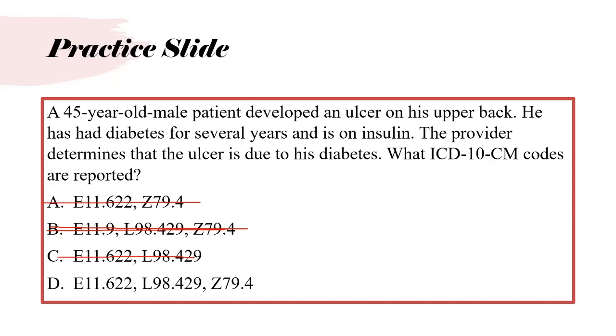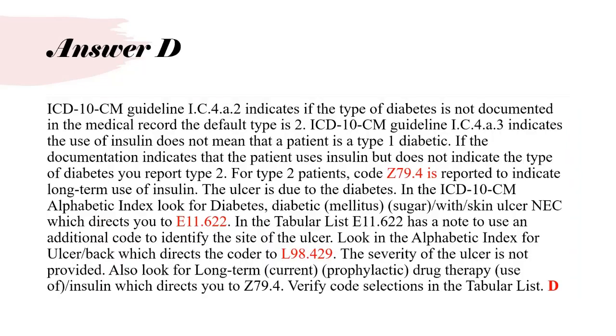Okay, so D gives us the diabetes with the ulcer and the insulin. So hopefully you chose D for the answer. And I'll leave up the AAPC rationale for just a moment for you to see that, but your answer should have been D.